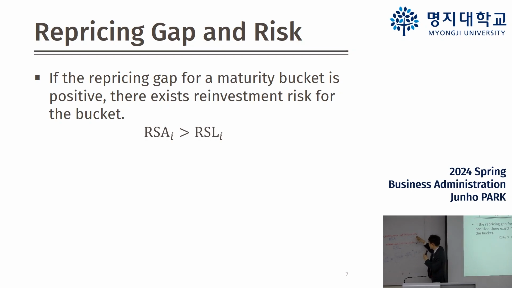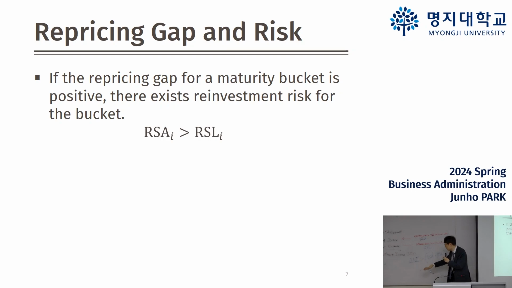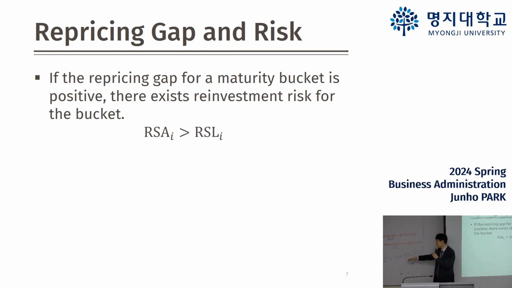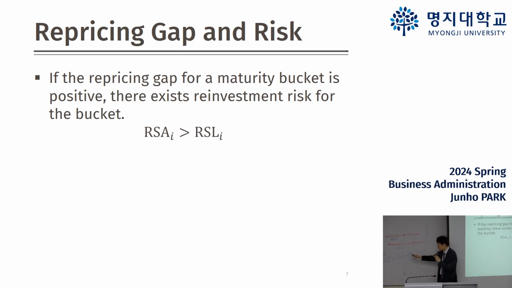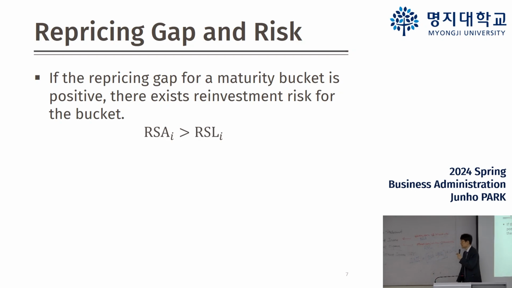So therefore, if they are the same, then we can say that the change in our net income will be calculated as the difference between RSA and RSL times delta R, which is the change in interest rate. And this is the repricing gap. So by measuring the repricing gap and by expecting the future change in the interest rate, we can easily calculate the expected change in the net income.